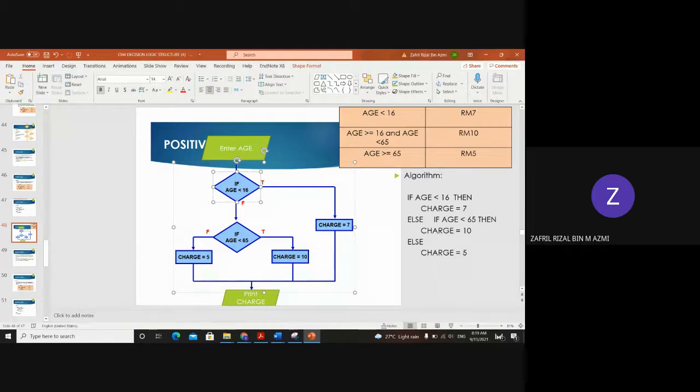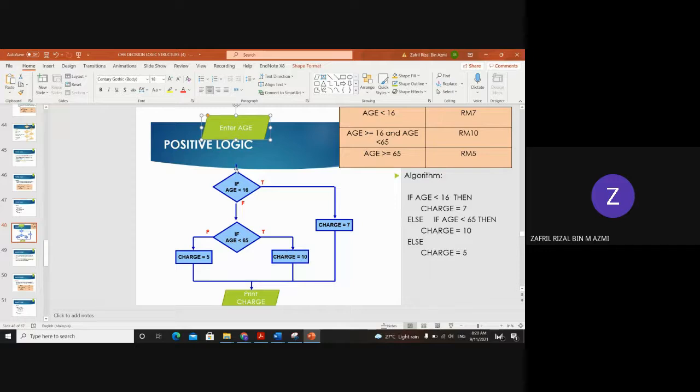Although the first condition is already true, it will check again. The second one, the third one, the fourth one, all the conditions, which causes your program to take a longer time to complete, which is not good.